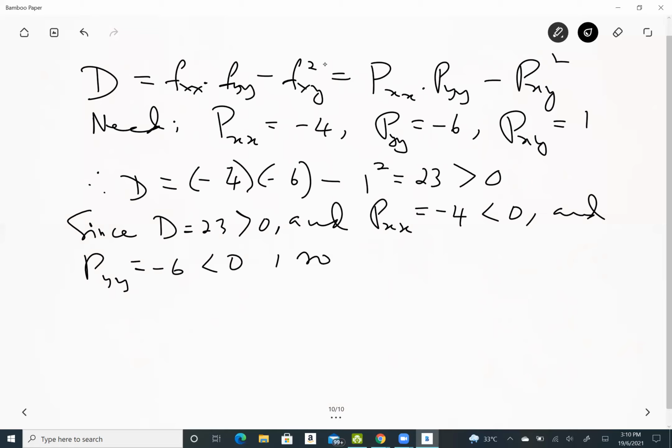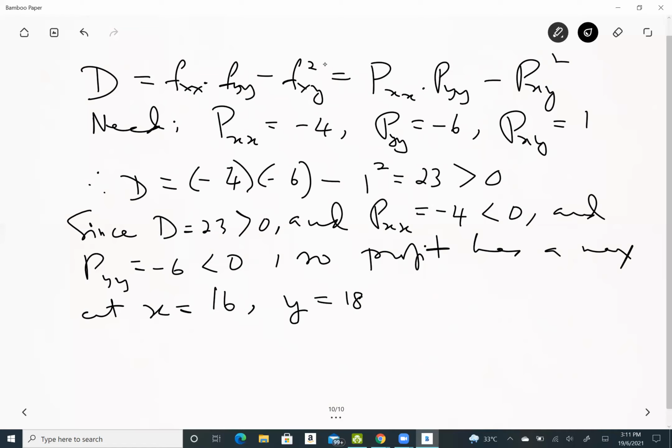So profit has a maximum at x equal to 16, y equal to 18.